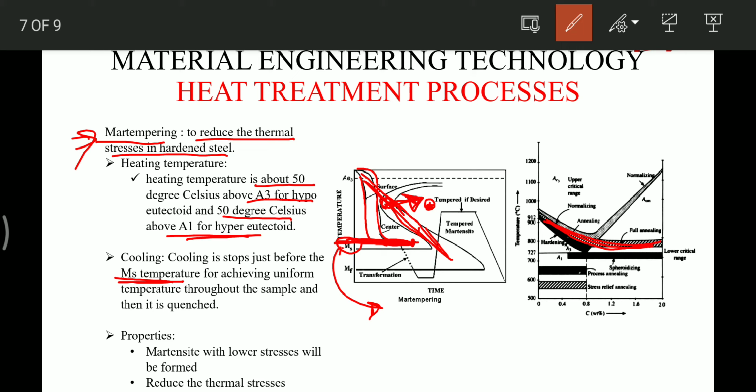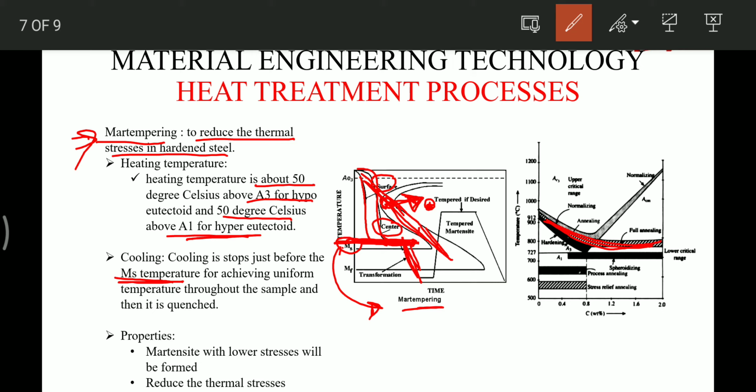So what happens friends, this gives enough time so that the internal core and the surface both come to the same temperature, and then after this we do the quenching, as you can see over here, to get the martensite structure. Okay friends, so this is how mar tempering is done.